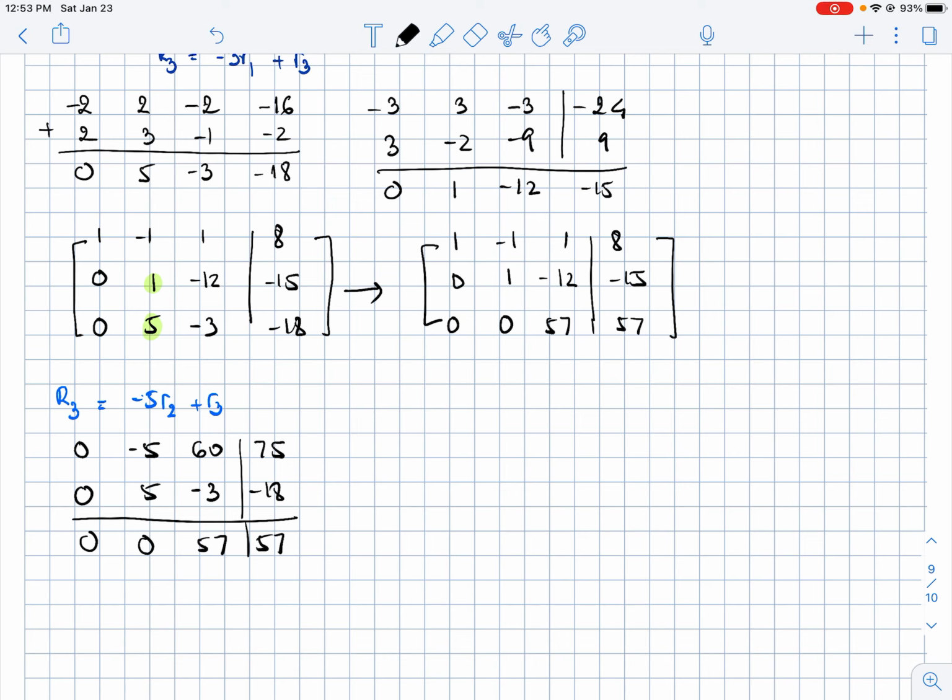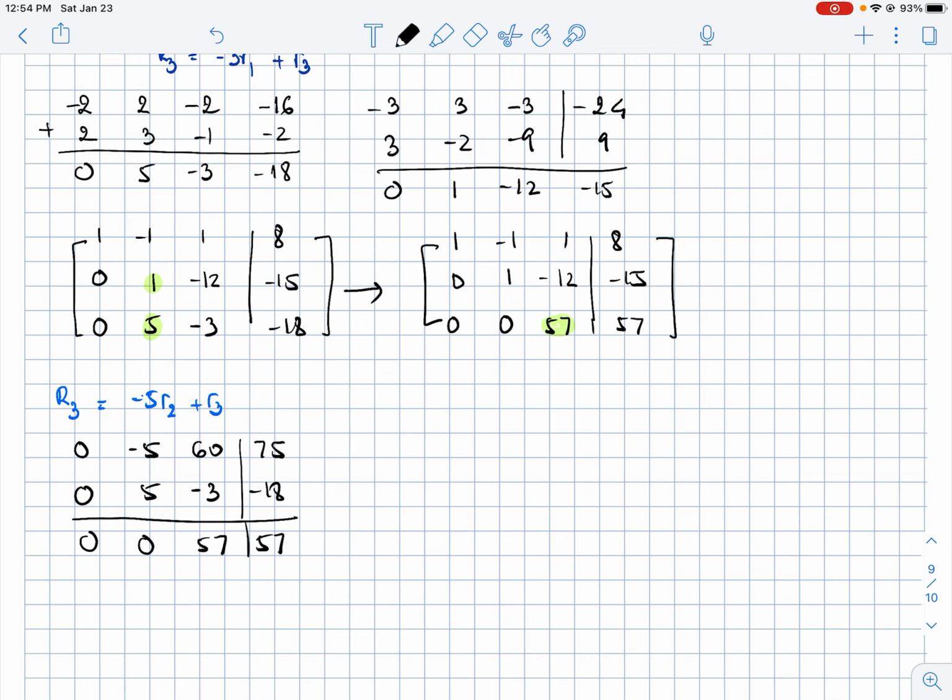Okay, so we're done with the second column. Now the third column, and we want this location to be 1. So you write it like this: 57z equals 57. So how do we make 1? We will divide both sides by 57, or multiply by 1 over 57.